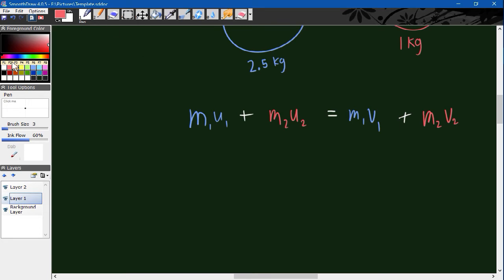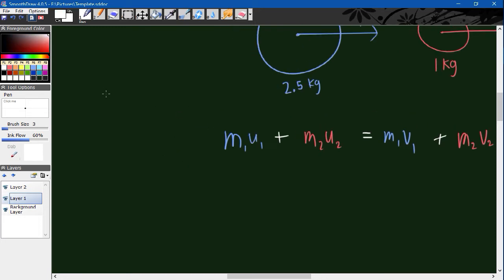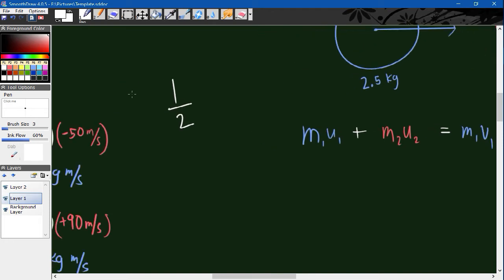And remember, kinetic energy is conserved. As we remember, the formula for kinetic energy of an object is 1/2 multiplied by the object's mass multiplied by the object's current velocity squared.